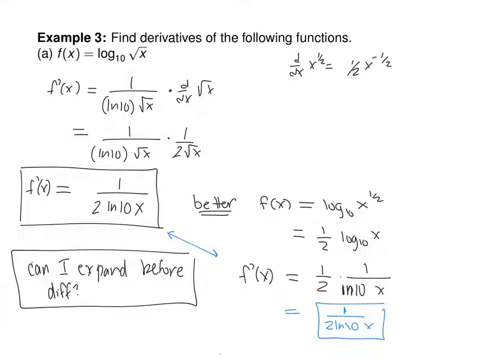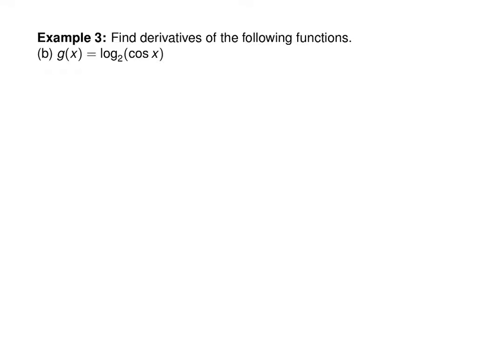Could we have expanded part A of this example? I think I remember what part A was. I'm just going to go. How about this one? Log base 2 of cosine x. So g prime will equal 1 over ln of 2 times cosine x times negative sine x.